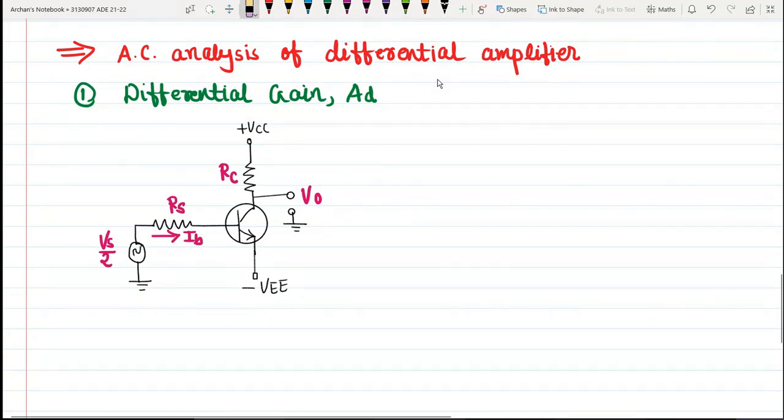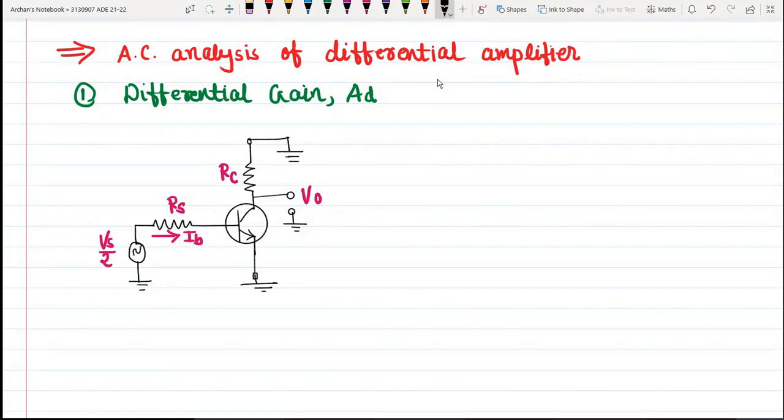Whenever DC supplies are there, they will be replaced by a ground. So this terminal will be converted to ground, and there is one more terminal over here which needs to be converted to ground. The AC signal will remain as it is. While performing DC analysis, we zero the AC voltages. While performing AC analysis, we zero the DC supplies like this. So this is our circuit diagram, the AC equivalent circuit of the differential amplifier.